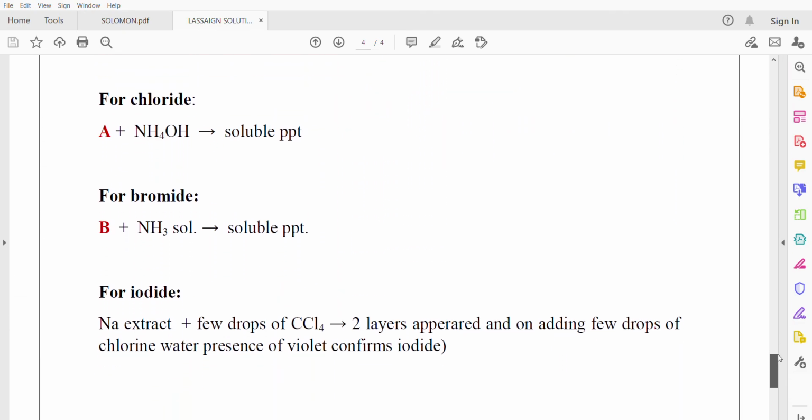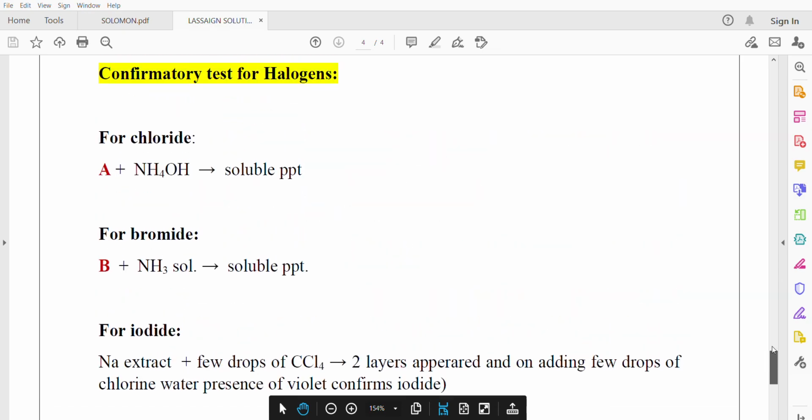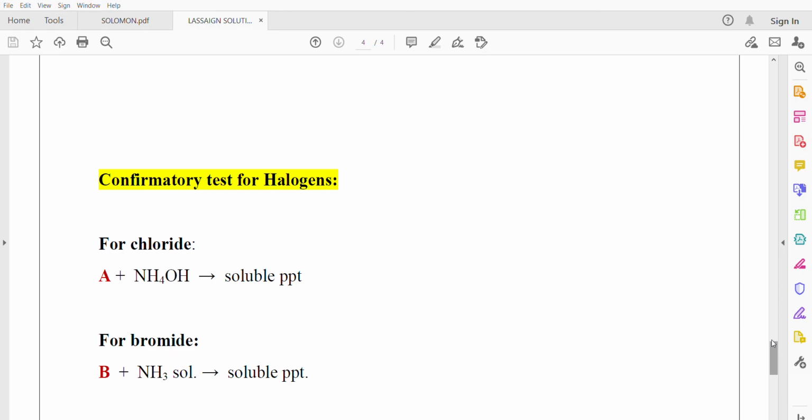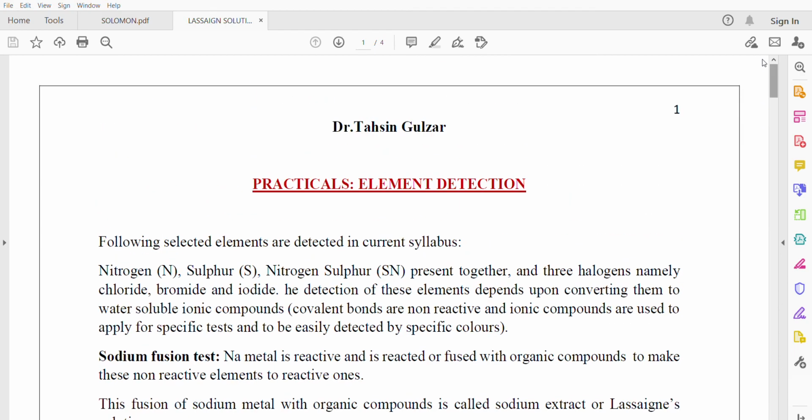And for this one, when you add carbon tetrachloride, two layers appear, and on adding chlorine water, violet color is very clear. It means you can confirm which one of these elements is present in the given organic compound.